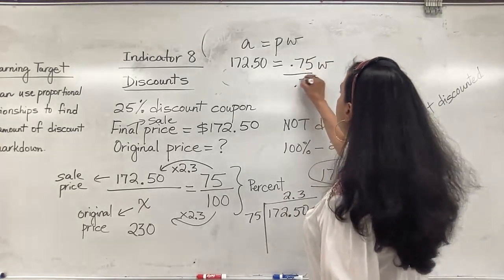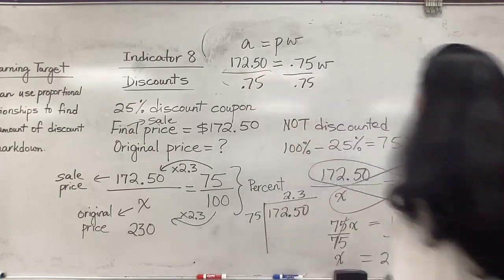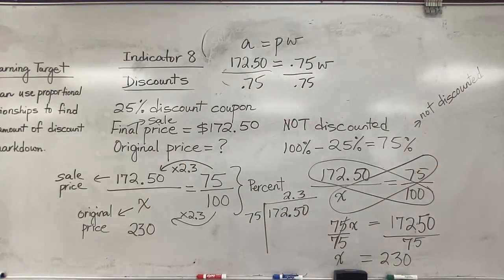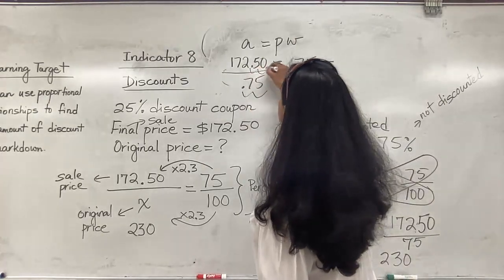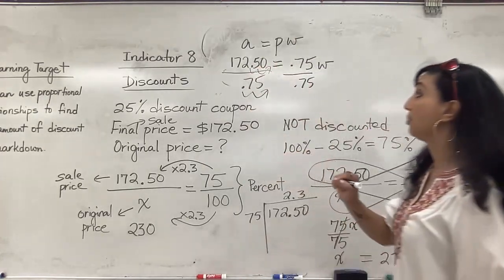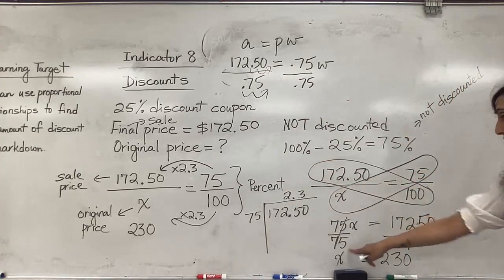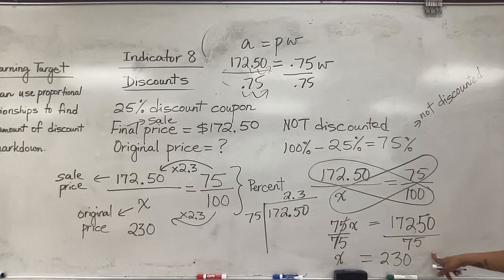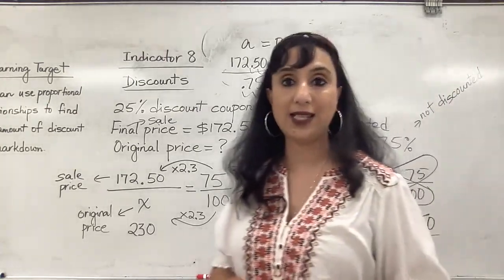Divide both sides by 0.75, and so see, I end up at exactly the same answer, because this is this, and this is this. So 17,250 divided by 75. Look, exactly the same thing. So it doesn't matter which way I'm doing it, I will still end up with that same answer.